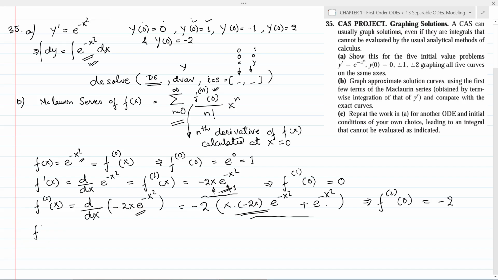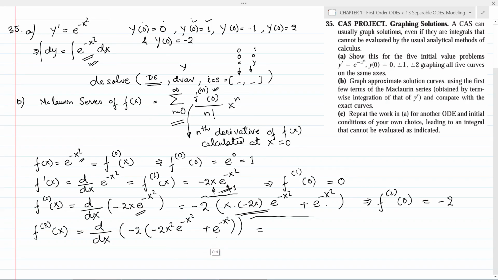Similarly, we can calculate f 3x, which is the derivative of this term, which is equal to d by dx of minus 2 multiplied by minus 2 x square e to the power minus x square plus e to the power minus x square.